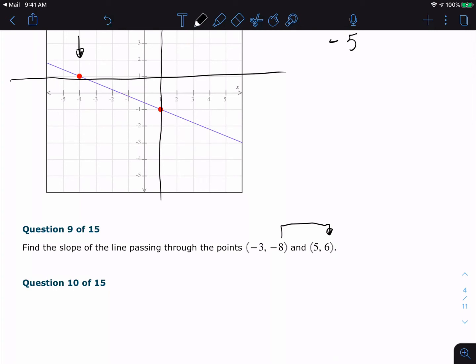So what's 8 plus 6? 8 plus 6 is 14. And then I'm going to go from here to here, and I see I'm 3 floors below 0, and then I get to the 5th floor, so I got to go up 3, and then up another 5, so 3 plus 5 is 8, and that can be reduced by 2, so I'm going to get 7 over 4, and that's the slope for this one.